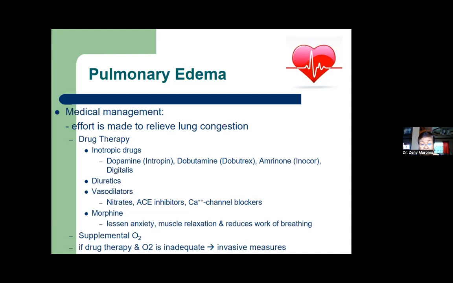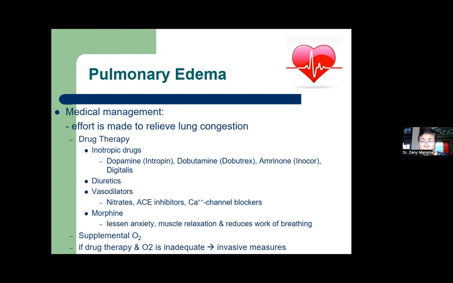Now, if drug therapy and oxygen is inadequate, then invasive procedures, the patient will be inserted with artificial airway, endotracheal tube, and kailangan niya ng ventilator or respirator. Basta severe hypoxemia, cyanotic na yung pasyente, 50-50, magtutubo na tayo. ET, endotracheal tube insertion, connect to the respirator.